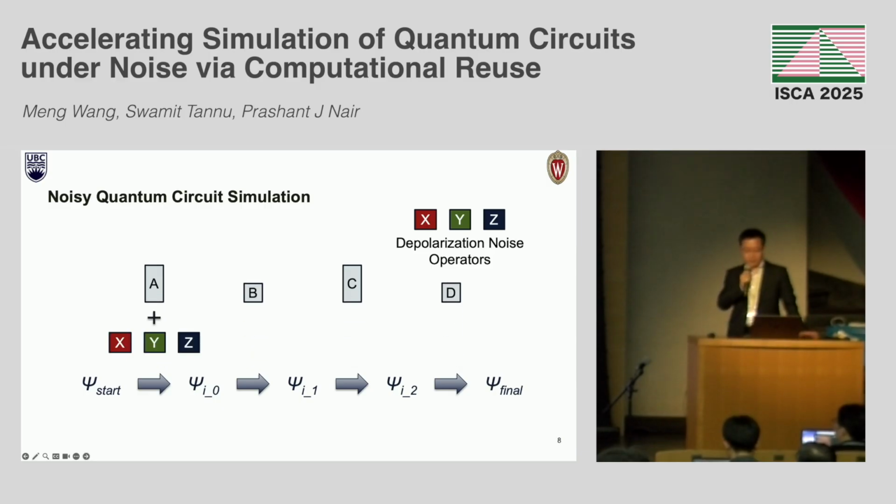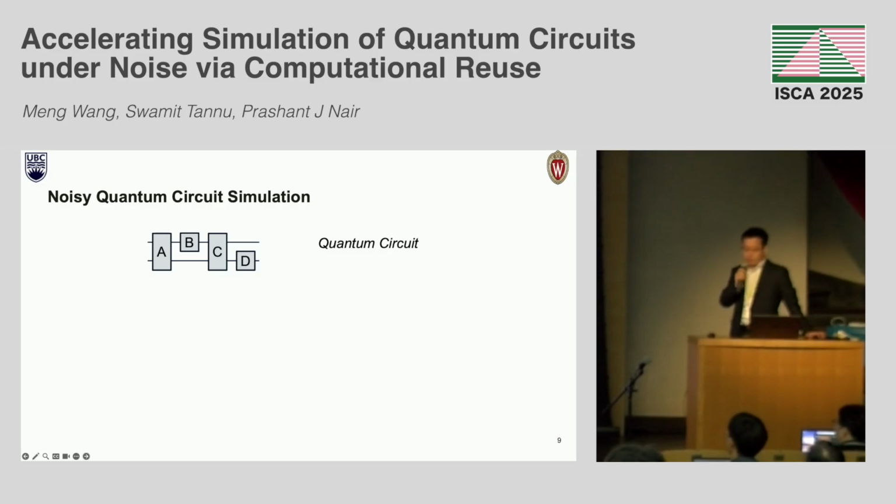Now, instead of just applying the individual gates, after each gate we will need to add one of these noise operators to model the effect of noise. The probability of adding those operators is given by the gate fidelity or the error rates. For example, if your gate fidelity is 99%, then 99% of the time we won't add any noise operators, but 1% of the time we're going to add some noise operators to model the noise.